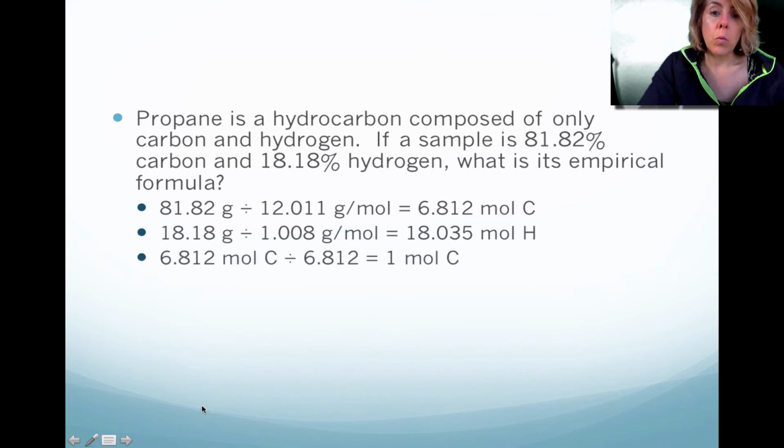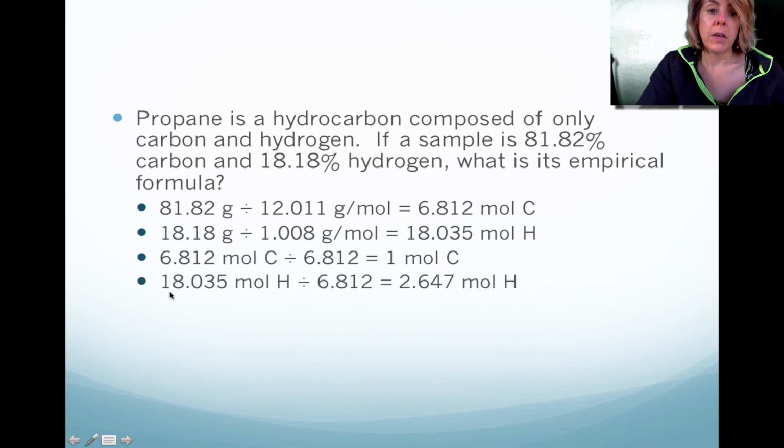Now, to figure out what is the subscripts, you would take the moles of carbon and divide it by the moles of carbon. Now you're like, why are we doing that? Well, we're trying to figure out what the ratio is. And typically with this type of problem, you're always going to pick the one that has the least amount of moles. And it just happens to be that carbon has the least amount of moles. So that becomes the denominator for both amounts. So when we take the moles of hydrogen and we divide by the moles of carbon, notice that we get 2.647 moles of hydrogen.